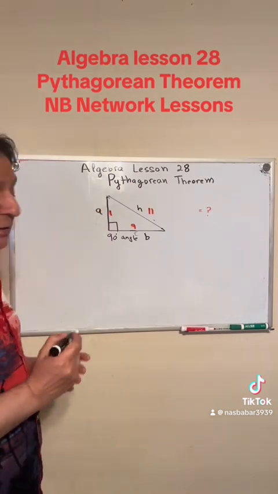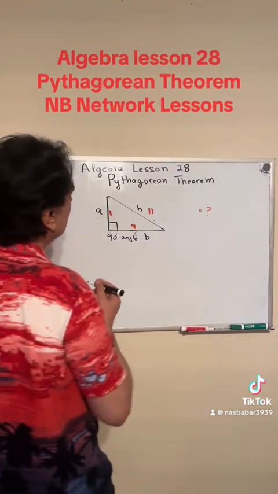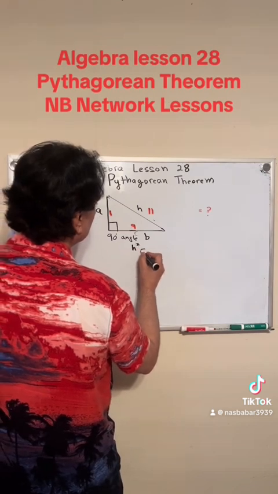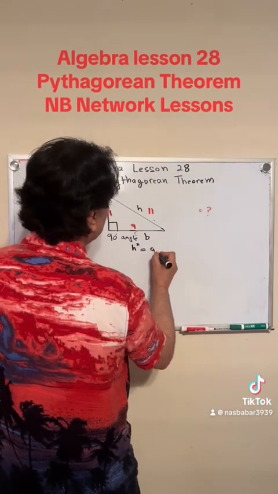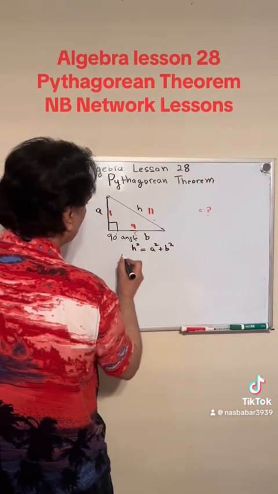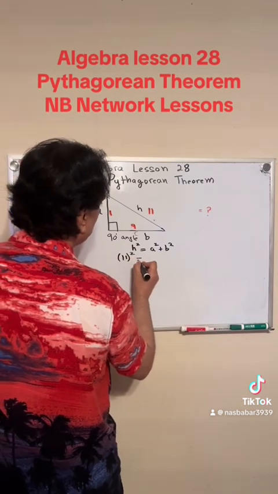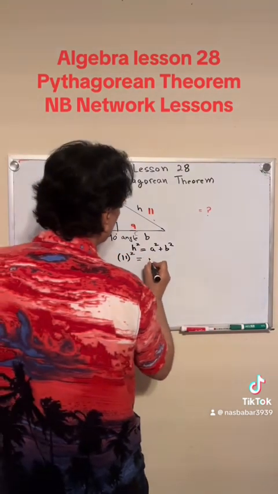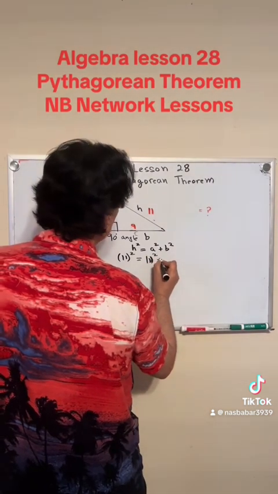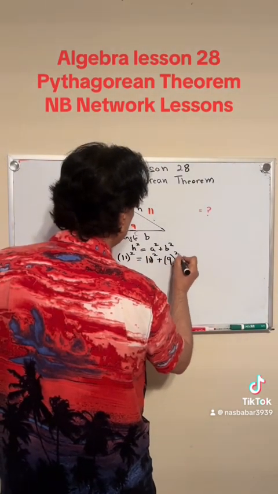Let's see if we can determine that. I know hypotenuse square is equal to A square plus B square. We've already established that. The hypotenuse is 11, so 11 square is equal to A, which is 1, so 1 square, plus B, which is 9, so 9 square, okay?